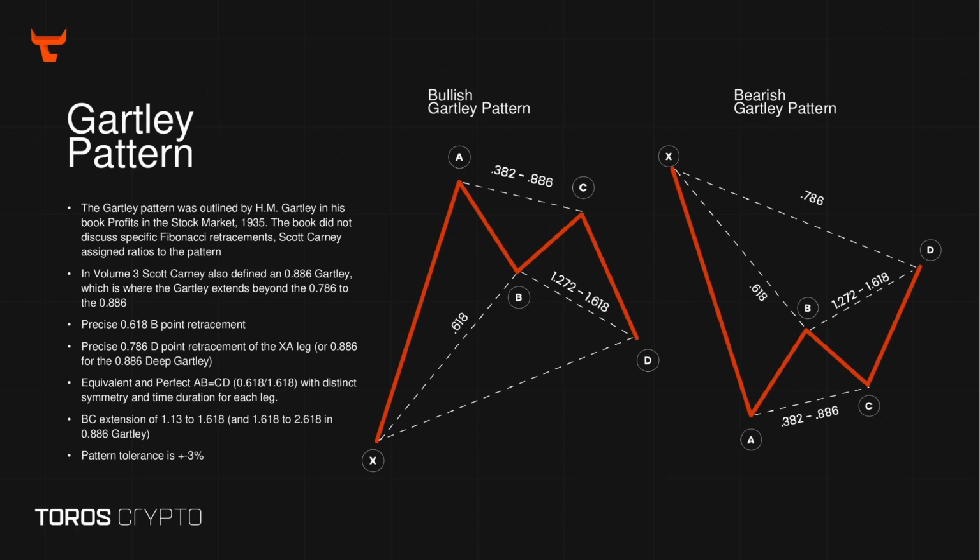All the other patterns at least go to the 886. So if price doesn't stop at that 786, it is likely going. It is possible for price to stop at the 886 and form a deep Gartley. However, it is highly possible that it does go lower than that.